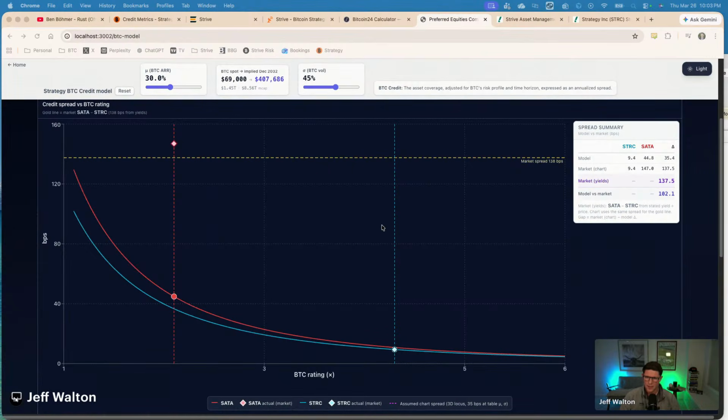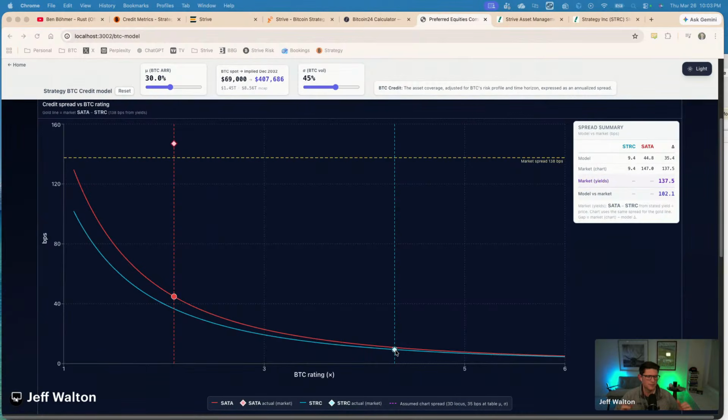So the modeled STRC credit spread is 9.4 points right now today. You can see that here. The blue line is STRC, the red line is SATA. The x-axis is BTC rating, the y-axis is basis points of credit spread. And you see here, STRC is down at 9.4.